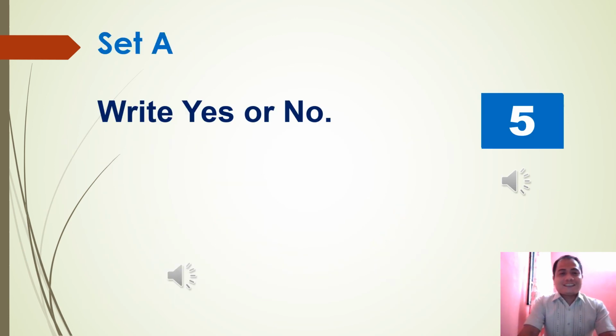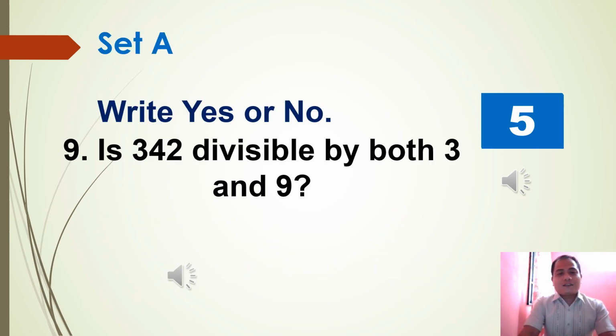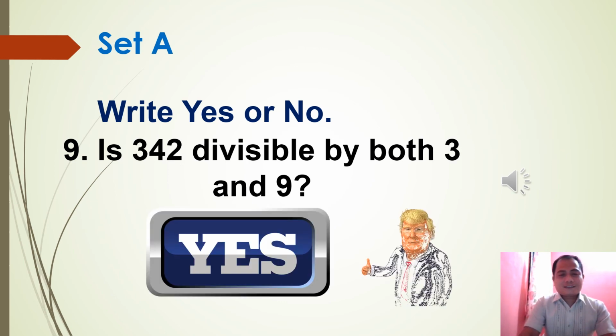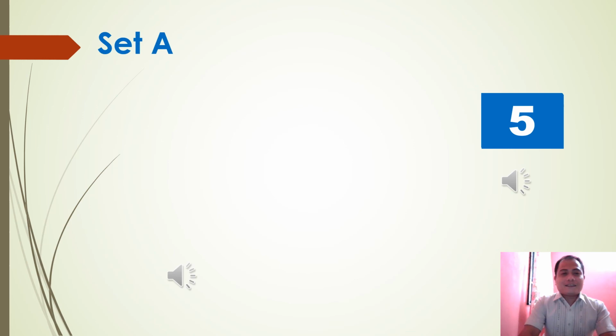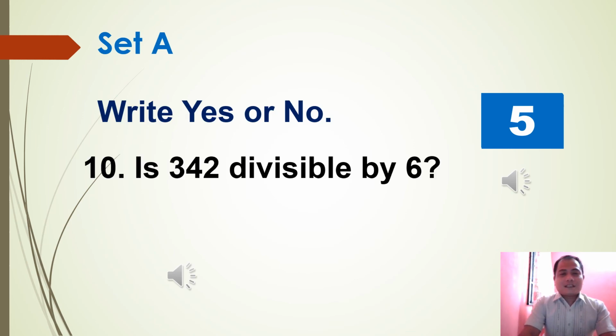Next, number 9. Is 342 divisible by both 3 and 9? 5 seconds. The answer is yes. Correct. Okay. Number 10. Is 342 divisible by 6? 5 seconds.